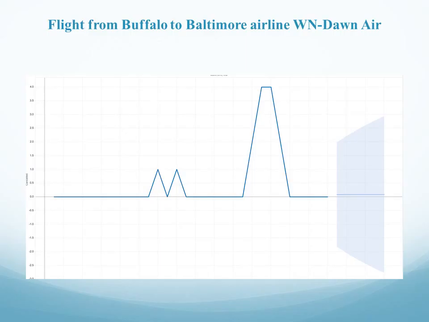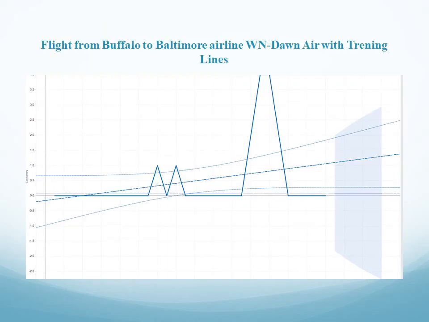The prediction from Delta Air was pretty low, so my flight getting cancelled is very low on this one, so I tend to take this flight. In this slide you see my flight's forecast from Buffalo to Baltimore with Delta Air, and with the trending line, which is pretty low, I see my flight getting cancelled is low risk, so I tend to take this flight.